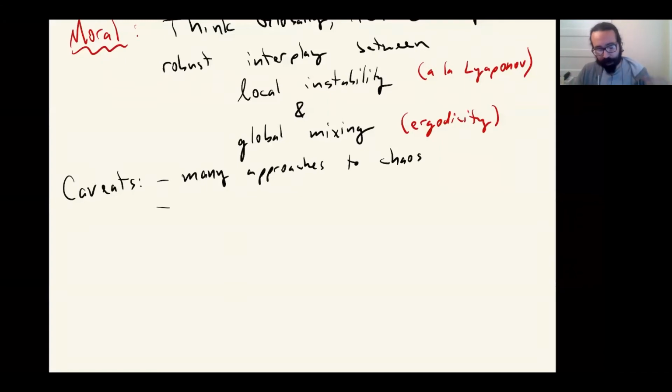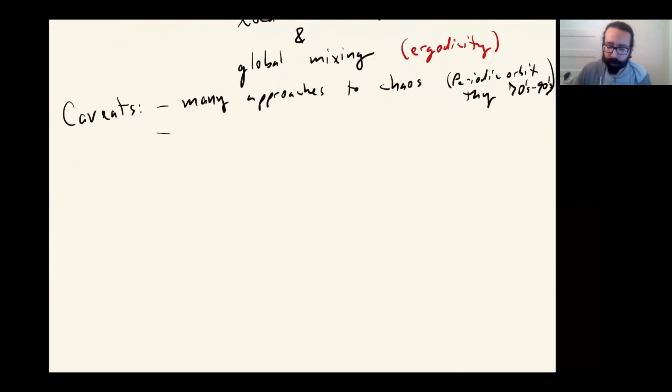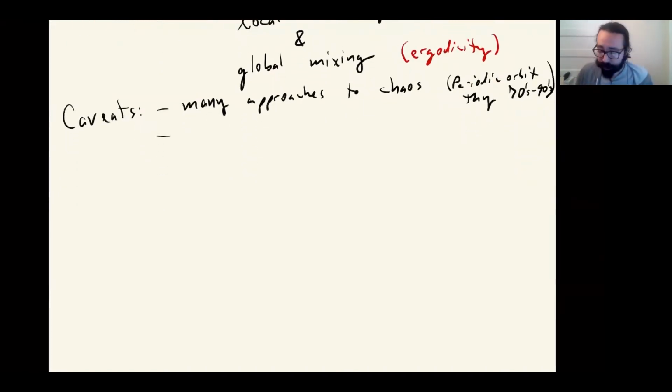So this is only going to be one approach, this story about periodic orbit theory, which probably somewhere in the 70s to 90s is where it really got fleshed out and understood concretely. I'm going to say nothing new. I'm mostly going to be very quickly trying to sketch the basic idea behind the approach. There are other approaches to chaos. I will not be talking about them.